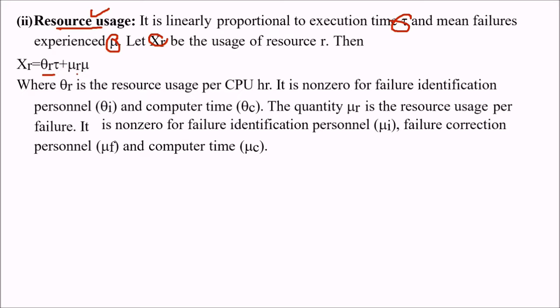Tau, as we said, is the time. This theta_R is non-zero for failure identification personnel theta_I and computer time theta_C, and the quantity mu_R is the resource usage per failure. It is non-zero for failure identification personnel mu_I, failure correction personnel mu_F, and computer time mu_C.